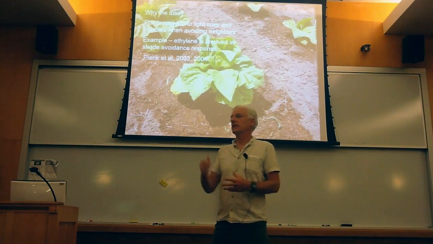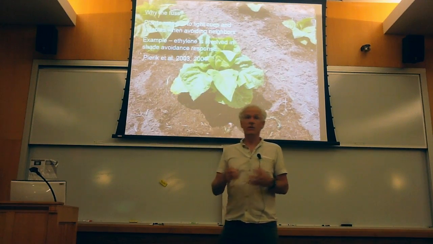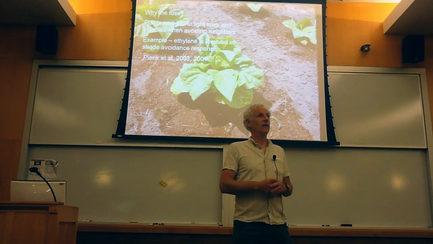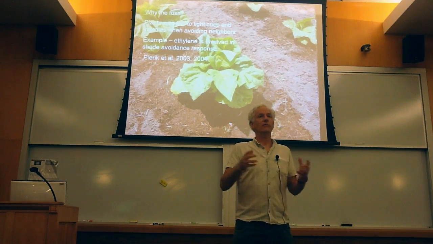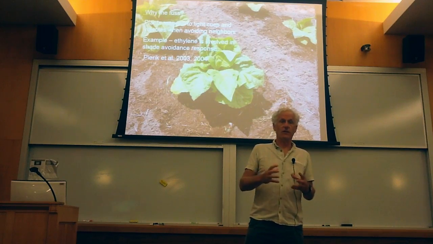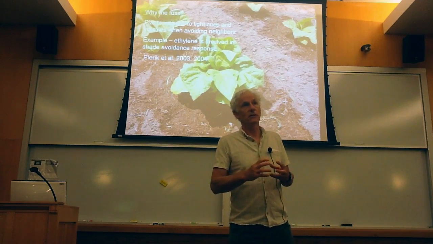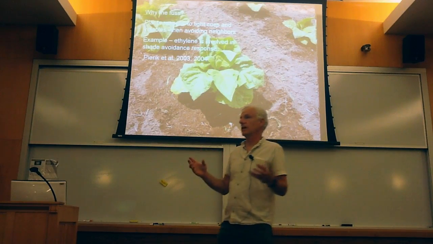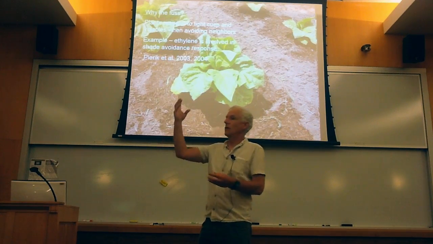We know, for instance, that plants respond to a lot of environmental information. So, for instance, if plants get shaded, they respond to light cues, and they change the way that they grow. Plants that get shaded grow a lot taller.